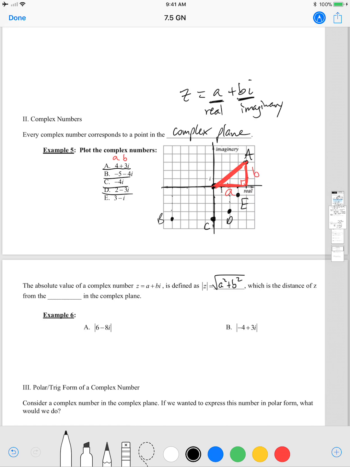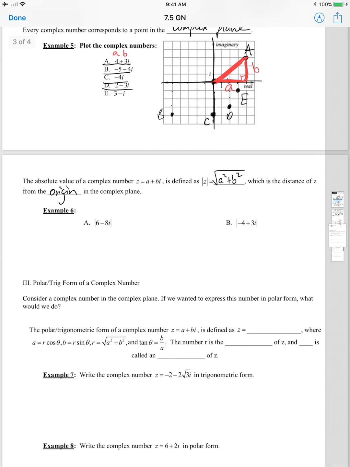But really, that's the distance of z, that complex number, from the origin in the complex plane. And why is that? Because in all the other kinds of numbers that we talk about, absolute value is distance. That's why it's always positive. Okay? So it has to be the same here. It has to make sense with everything else that we do in math.